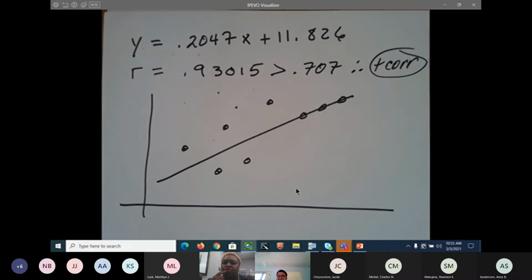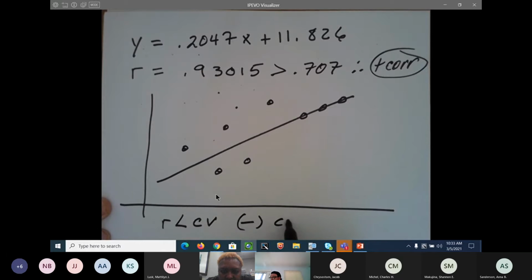Now, if it's less than and still positive, you have no correlation. Let's write that down. If your R is less than your critical value, you have no correlation. And if your R is negative and its absolute value is greater than the critical value, then you have a negative correlation.